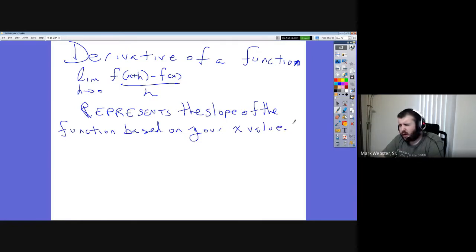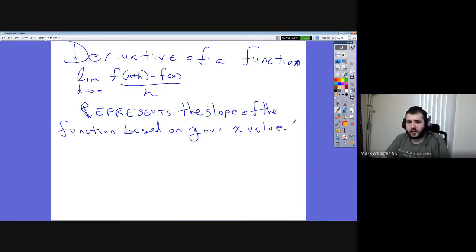Because the thing of it is, the only time when slope stays the same is if we've got a straight line, right? Once we start getting into curves like parabolas and cubic functions and quartic and quintic functions, and even getting into the more complicated shapes like exponential functions, natural logs, rational functions, all of them, there's a value for the slope.